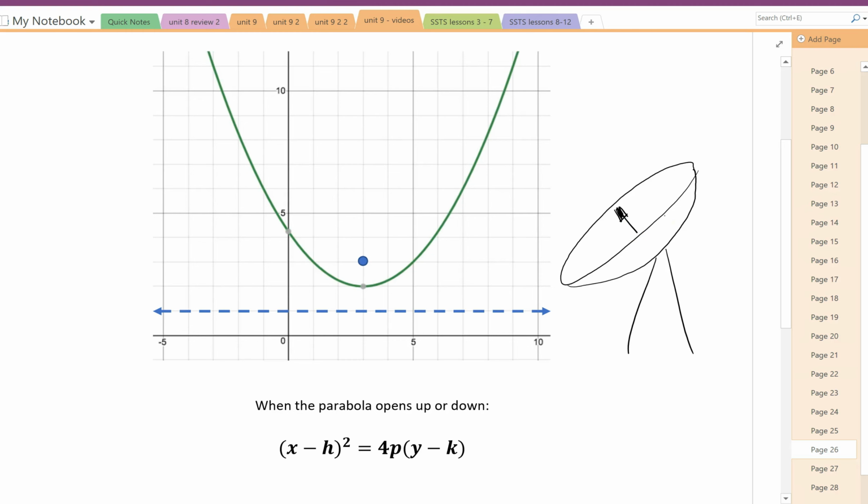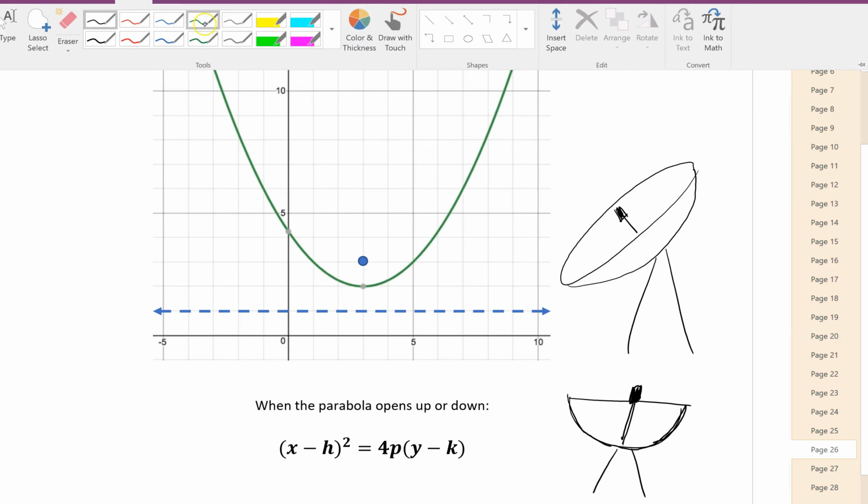And so if I took this satellite dish and looked at it from the side, here's the antenna thing with the receiver on the end, you can see that the dish itself is shaped kind of like a parabola. And the reason it's shaped like that, and the reason this thing is out here, is that it's called a receiver because it's what receives the signals.